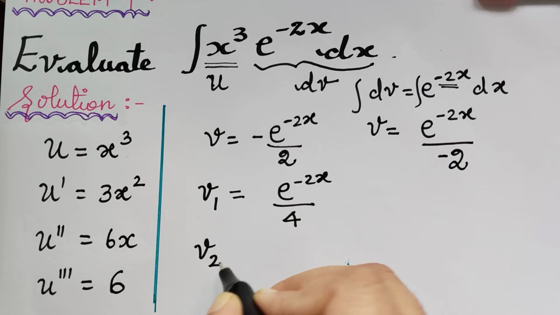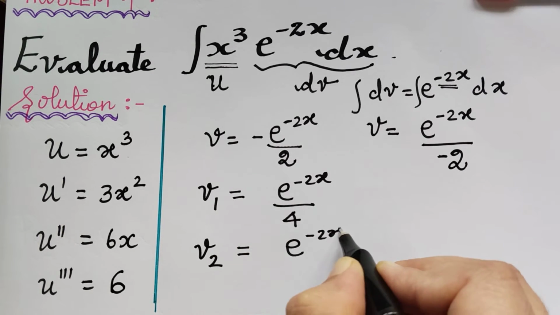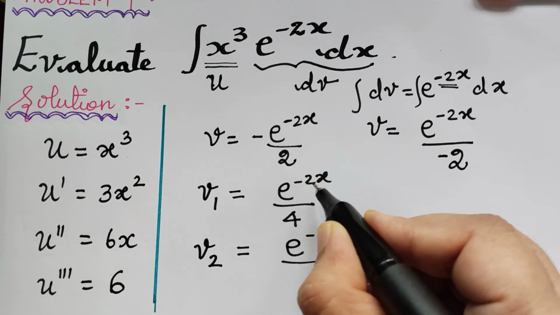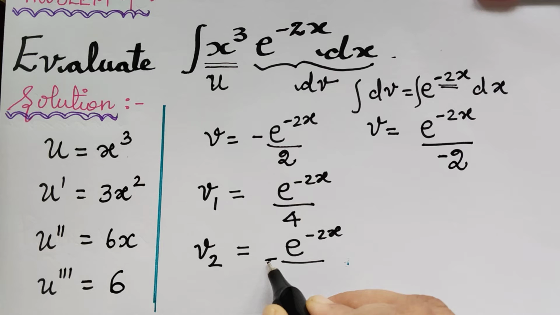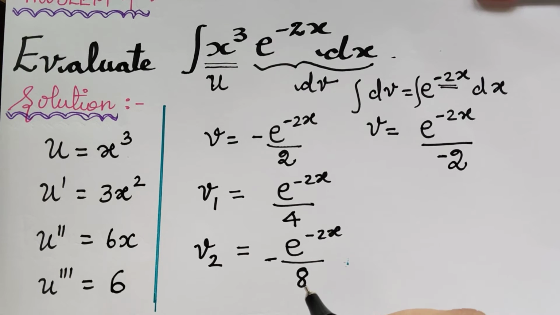Next, we have to find v2, and that is equal to e to the power negative 2x divided by 4 multiplied with this minus 2. So that will be minus, 4 twos are 8. So we get minus e to the power negative 2x divided by 8.